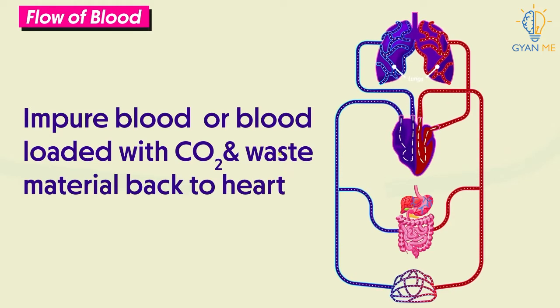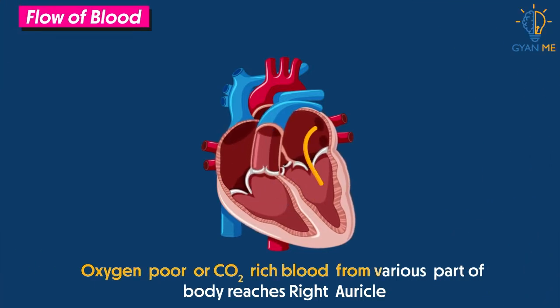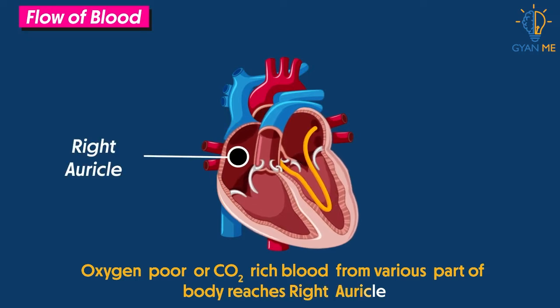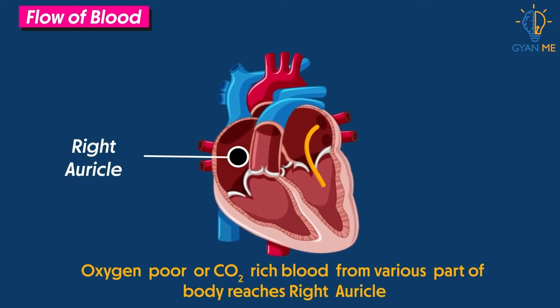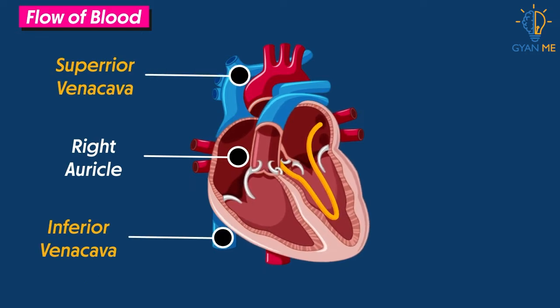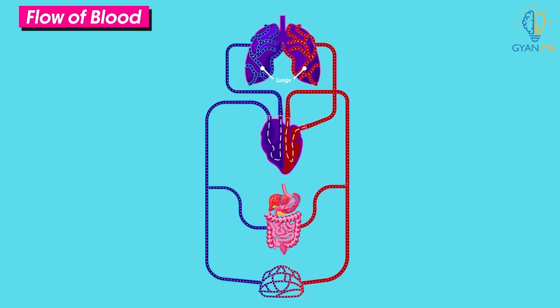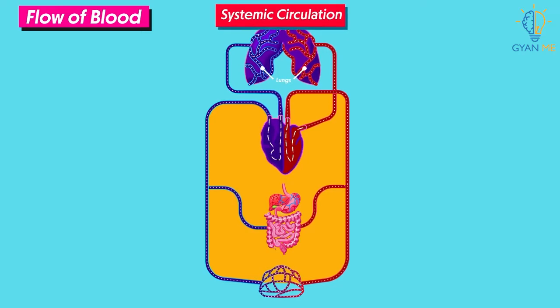Thus, the oxygen poor, or we can say CO2 rich blood from various parts of the body reaches the right auricle through 2 biggest veins called superior and inferior vena cava. Recall students that this flow of blood from heart to body parts and back to heart is called systemic circulation.